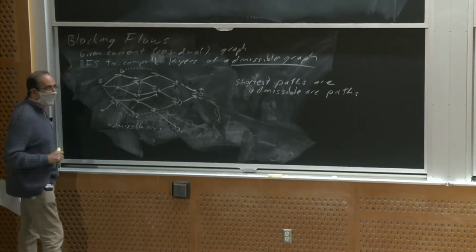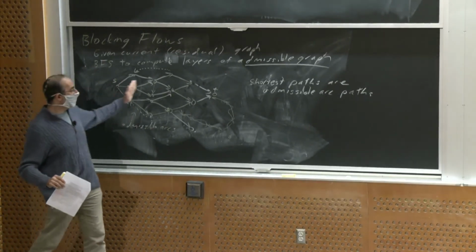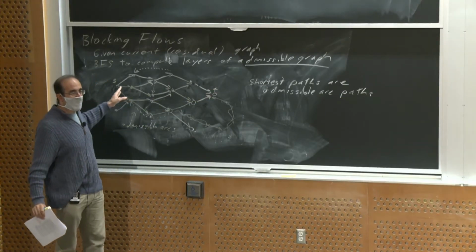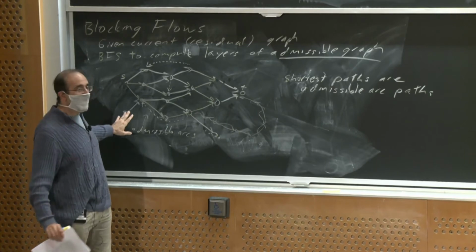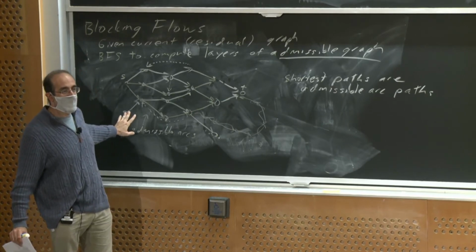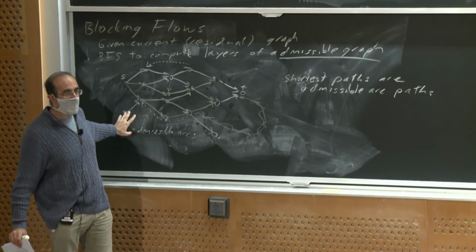I mean, they wouldn't be in your layered graph. If you build a layered graph from S, then you won't find them from T. But remember, we're now proceeding to delete edges. And so we might create situations like this, even though they didn't exist at the beginning.